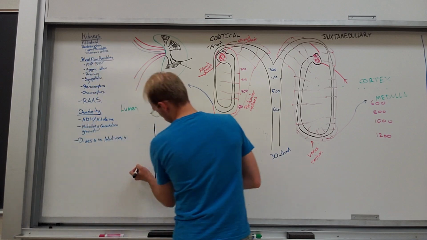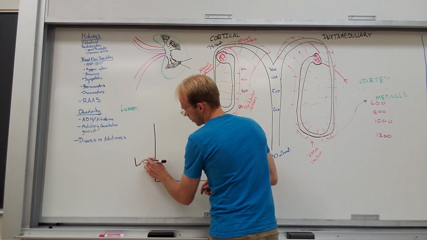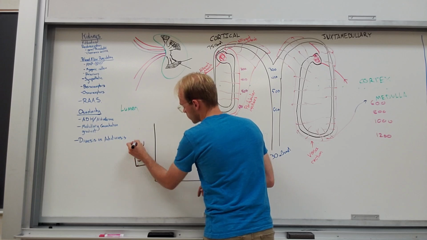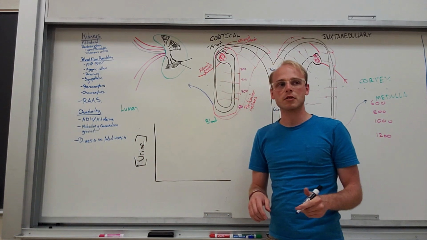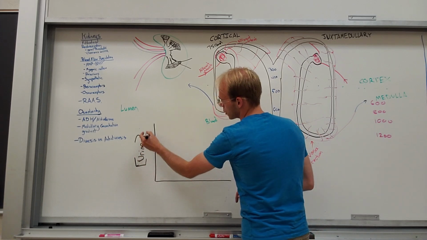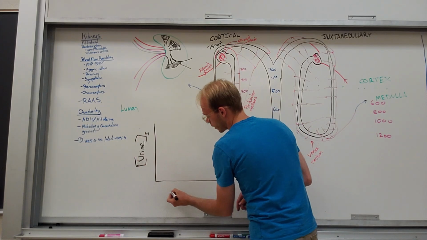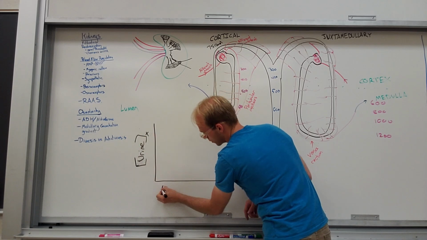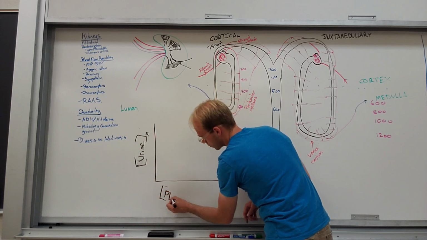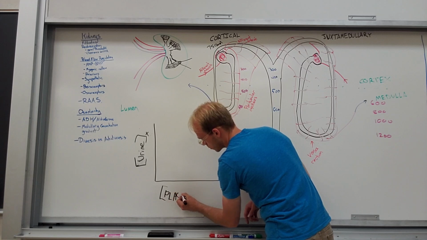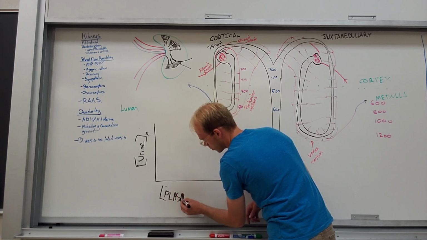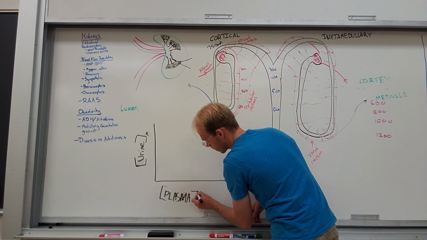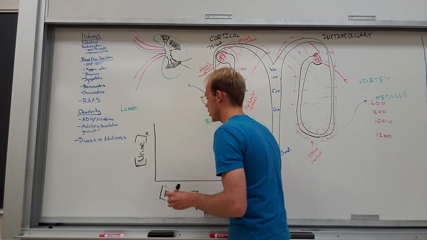So this right here, brackets mean concentration. This is the concentration of, we're just going to say X, in the plasma.